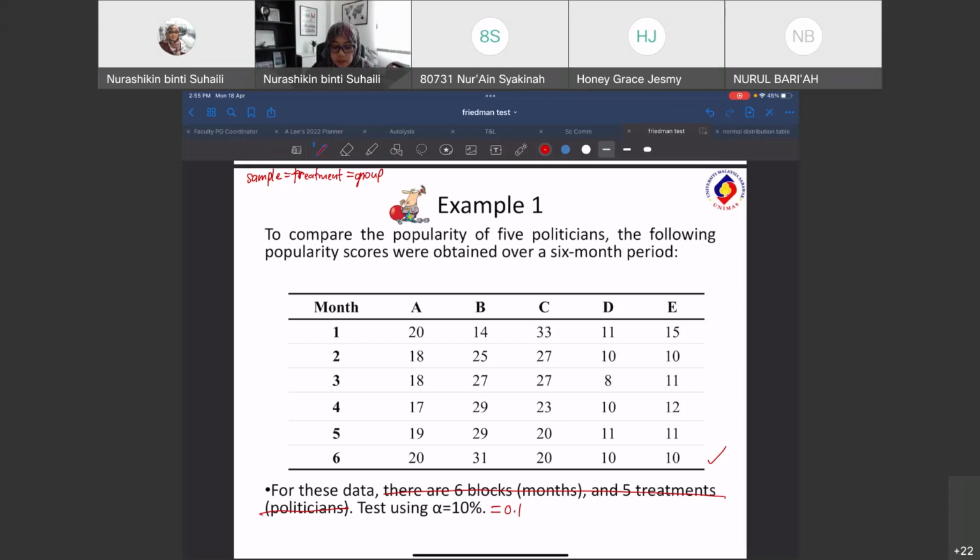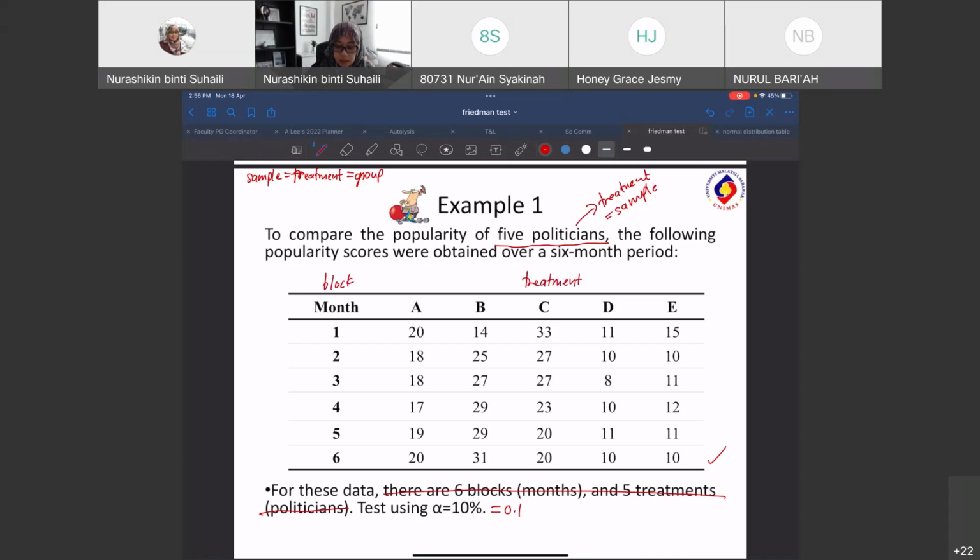So obviously, we know that we are comparing the politicians. That is our subject of comparison. So this is actually the treatment, or the sample. So from here, you can identify directly that is the sample. So when you know that that is a sample, obviously the second factor, which is the month over here, this is the block.